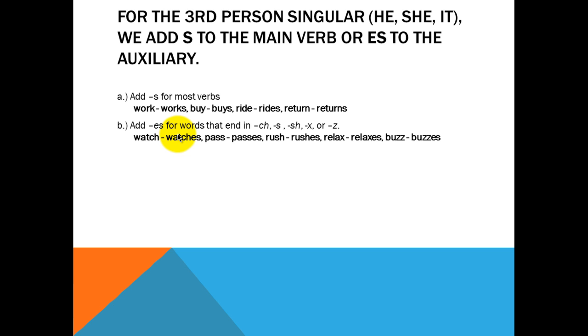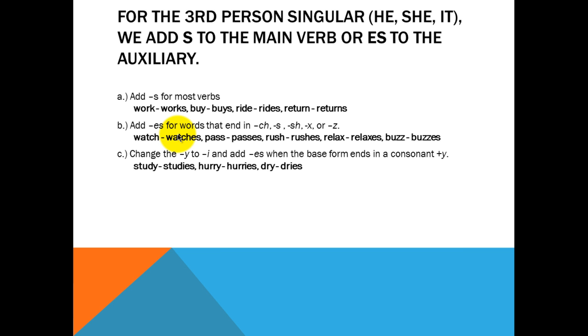B, add es for words that end in ch, s, sh, x, or z. So let's look at watch. Watch will become watches, pass passes, rush rushes, relax relaxes, and buzz buzzes.